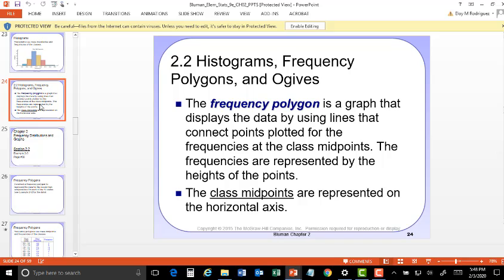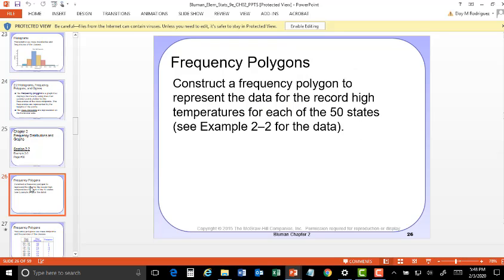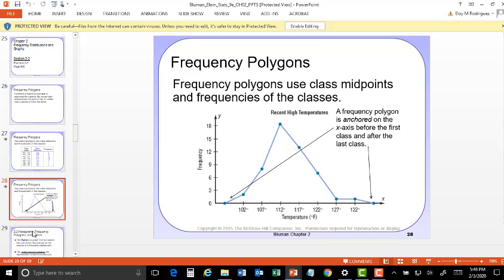So this is the histogram frequency polygon. Here we have class midpoints that are represented on the horizontal axis. That's the temperature one.